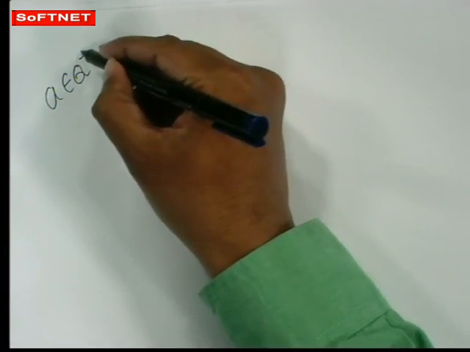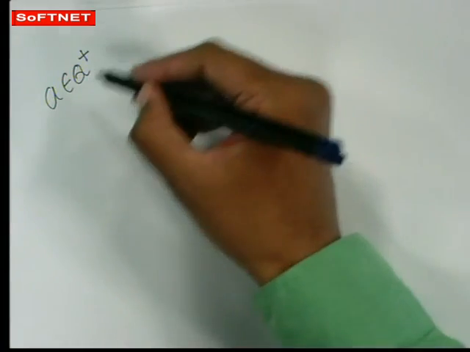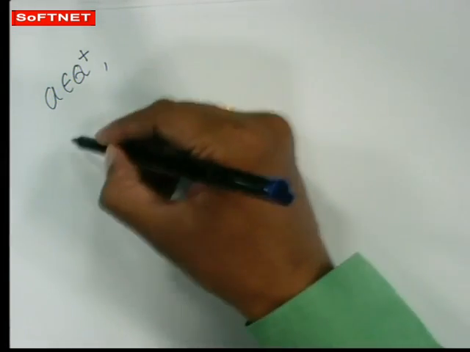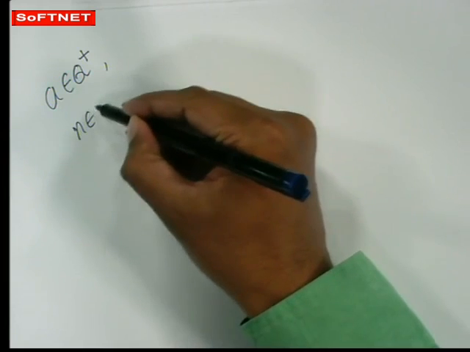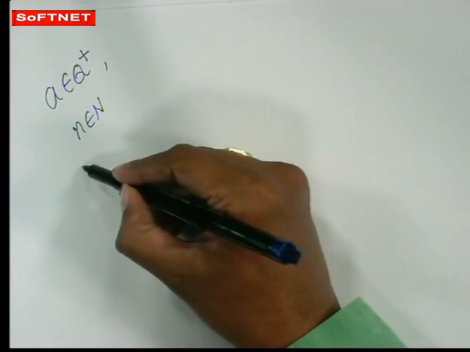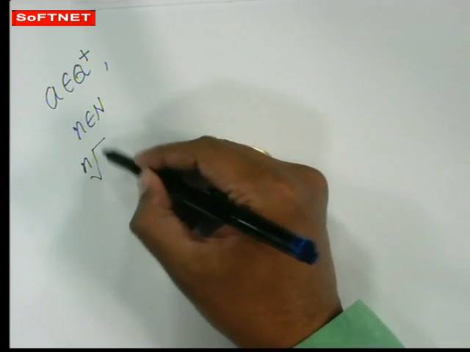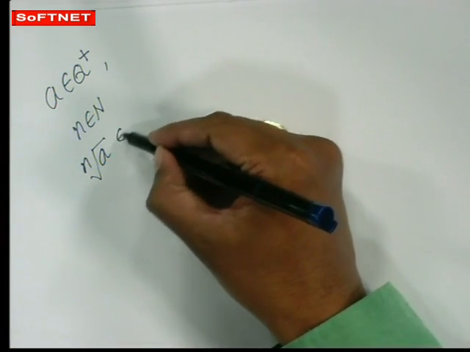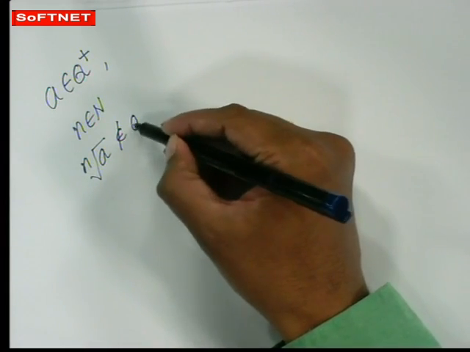Suppose A is a positive rational number, n is a natural number, and nth root A is not a rational number, that means it does not belong to the rational numbers.